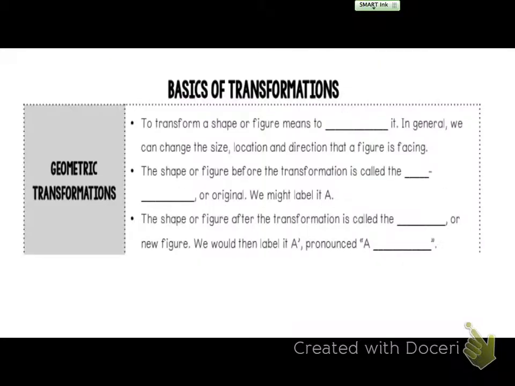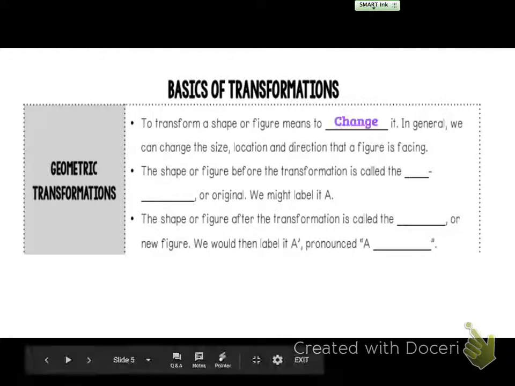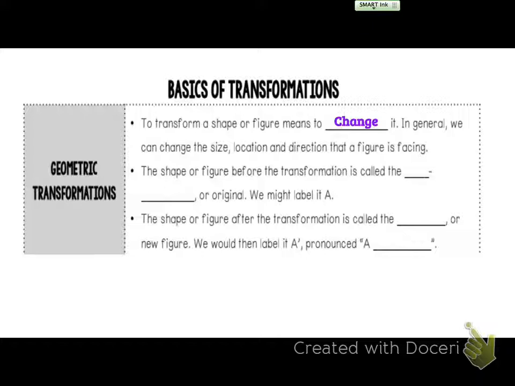Okay, so basics of transformations. To transform a shape or a figure means to change it. In general, we change the size, location, and direction that a figure is facing.